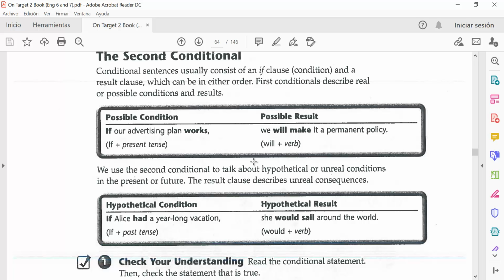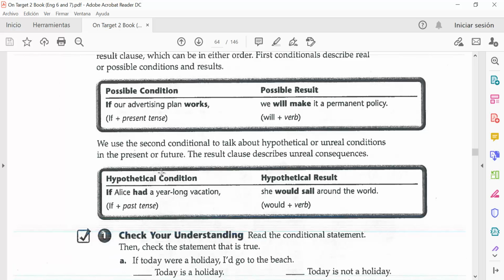Now let's go to the second conditional, which is the topic that we want to talk about, because I know that you saw the first conditional in the previous level of English. So here we go. We use the second conditional to talk about hypothetical or unreal conditions in the present or in the future.